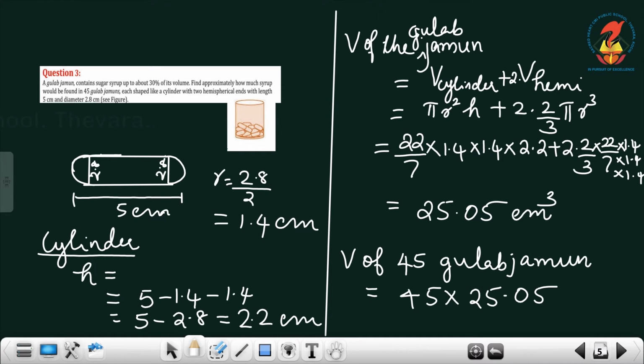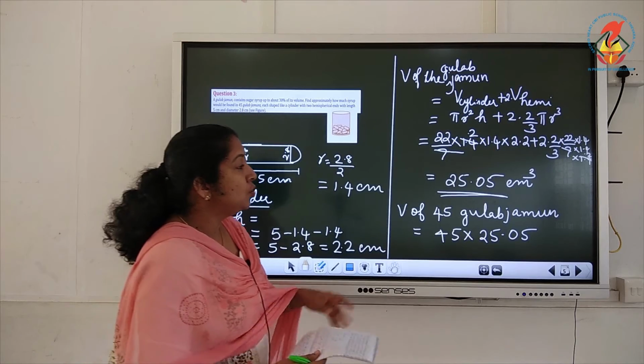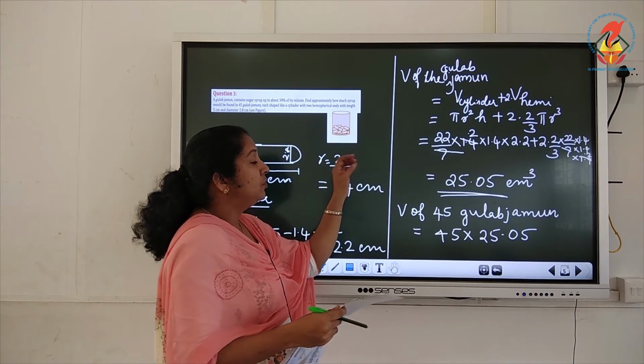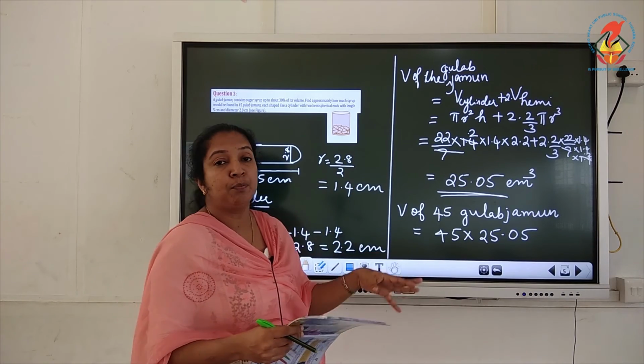So, you can cancel some numbers, it's 0.2, and here also you can cancel one, it's 0.2. So, final answer is 25.05 centimeter cube. You have to do the calculation properly. So, the volume of 1 is 25.05.